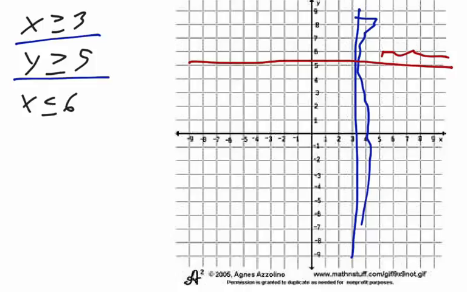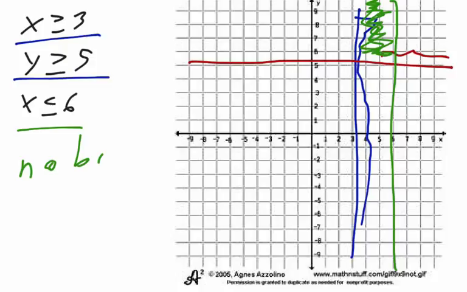And in green, we have x is less than or equal to 6, which I have this way. And so, looking at this, there is no bounded region. And that'll be it for this lesson. A little bit longer, but, word problems.